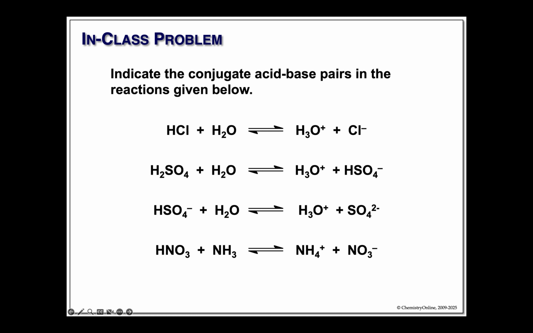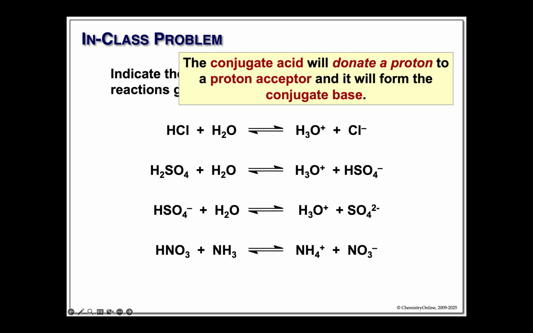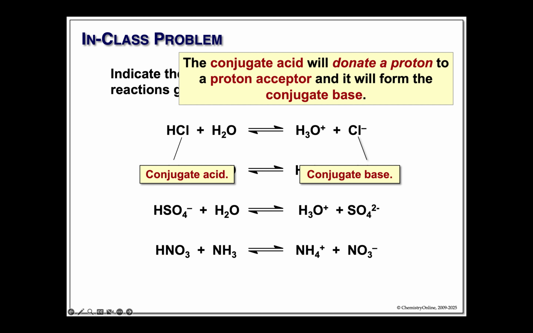Here we have HCl, a strong acid. It's the Bronsted acid in the pair. The conjugate base of this is going to be HCl minus the proton. We donate a proton to form the conjugate base. So HCl loses its proton to get chloride as its conjugate base.